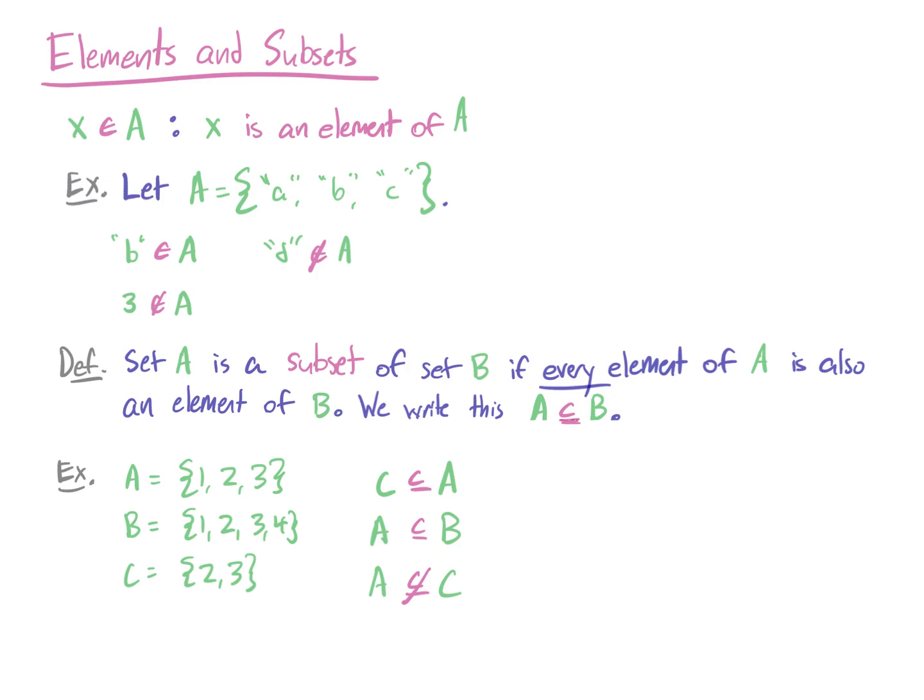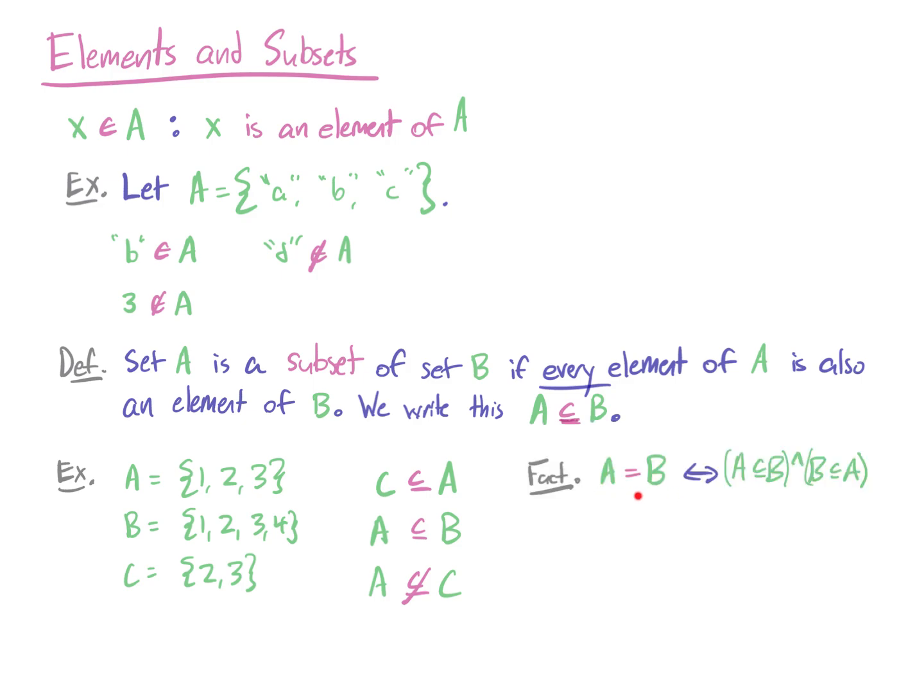Now, when is it the case that 2 sets are subsets of each other? What would have to have been true for A to be a subset of C as well as C to be a subset of A? In this case, I would have had to have all the same elements in both sets. This means that C would have all the elements of A and A would have all the elements of C. And indeed, this is what it really means for 2 sets to be equal to each other.